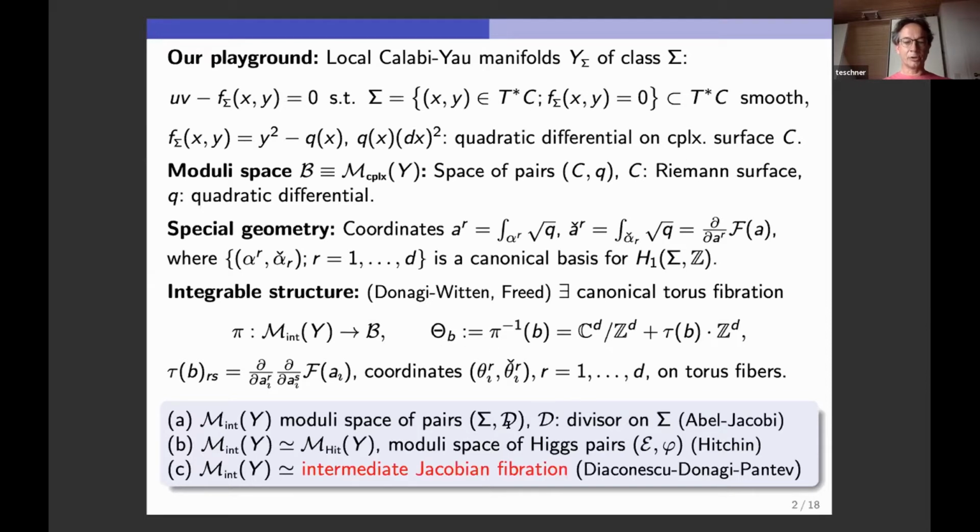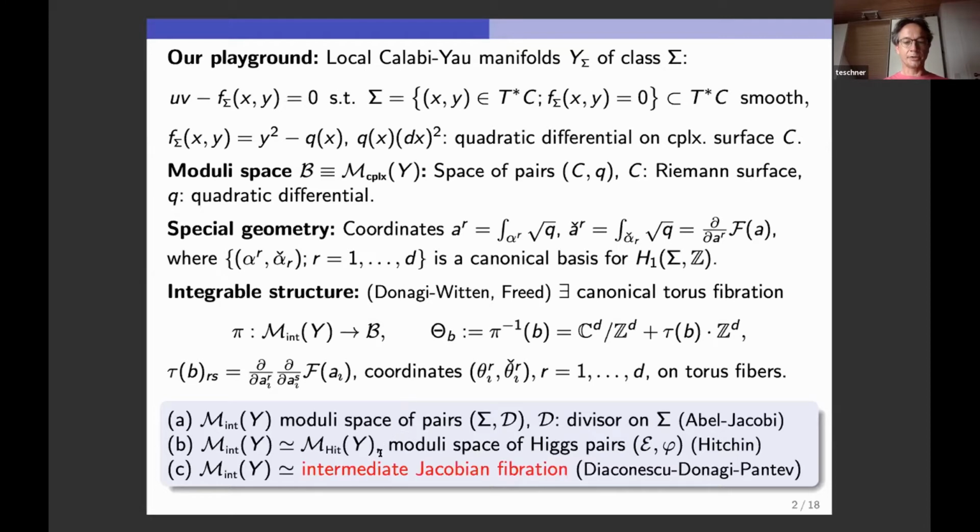And via Abel-Jacobi maps, which is some classical algebraic geometry, there is a one-to-one correspondence between points on these torus fibers and the divisors on sigma. So I can identify this moduli space with a moduli space of pairs, the curve sigma and the divisor D associated to these points by Abel-Jacobi.